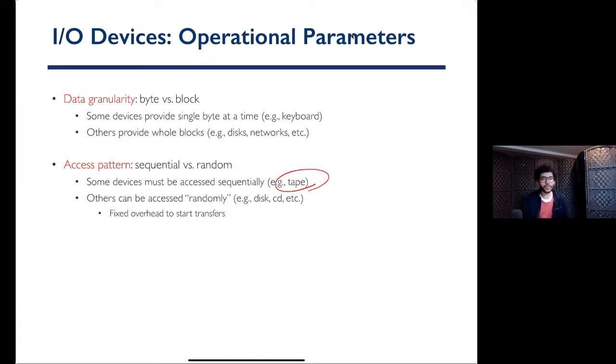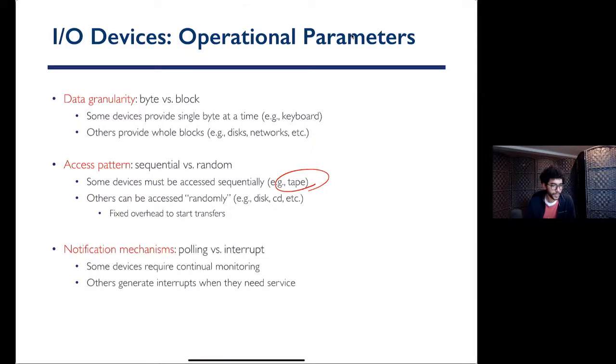So these were old generations of storage. So with these guys, if you wanted to read something in the middle of the tape, you couldn't jump to that. You had to start reading from the beginning until you get to the middle. So you didn't have access to do this jump. So that's another thing that we have to be aware of. What kind of access pattern does this device provide?